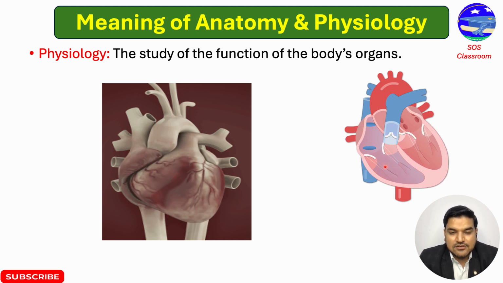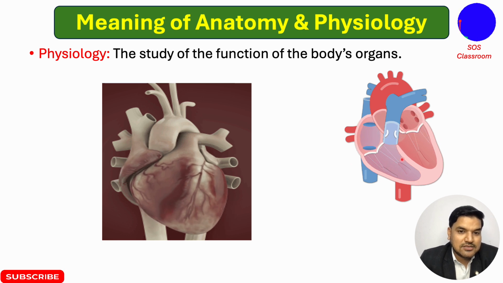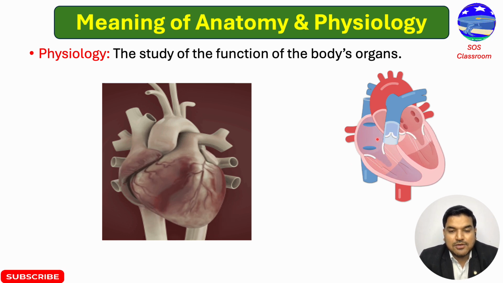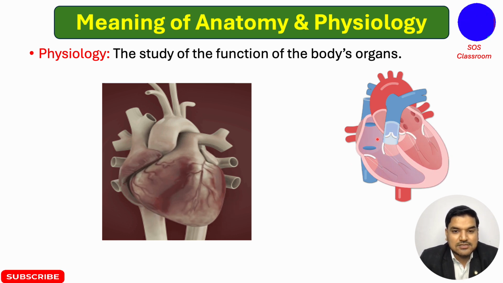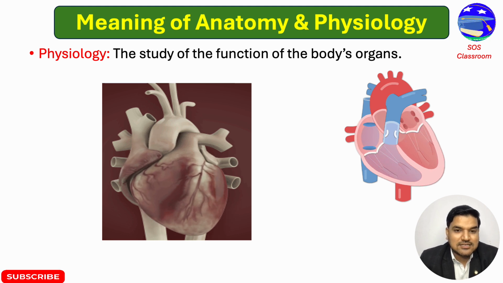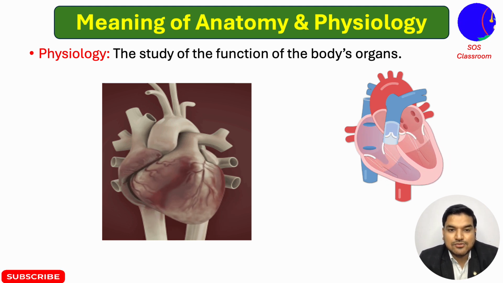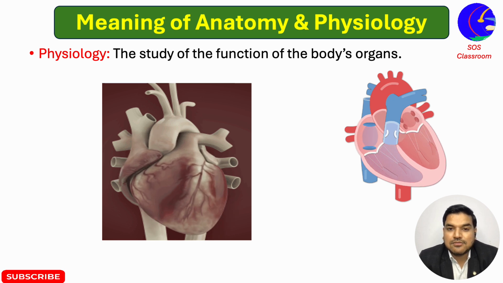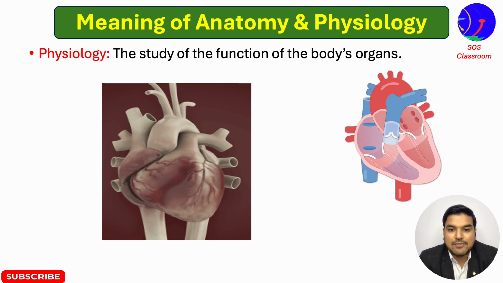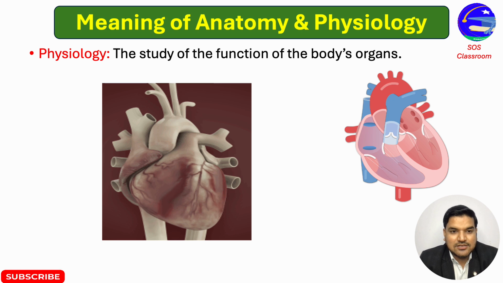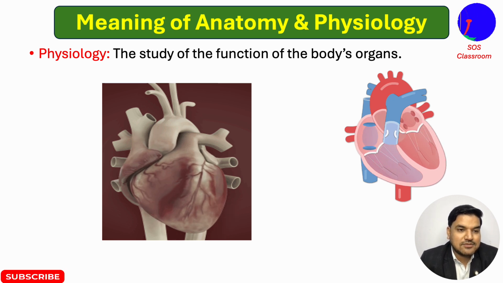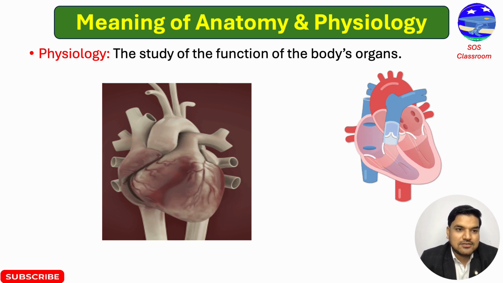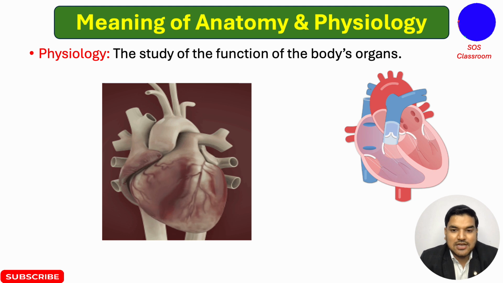And how is it working? What is the conduction system of the heart? SA node, AV node, bundle of His, bundle branches, Purkinje fibers. How the electrical signal transfers from the SA node to the Purkinje fibers. Then how the contraction of the muscles, that is the myocardium layer, works, we will discuss. This comes under the physiology of anatomy and physiology.